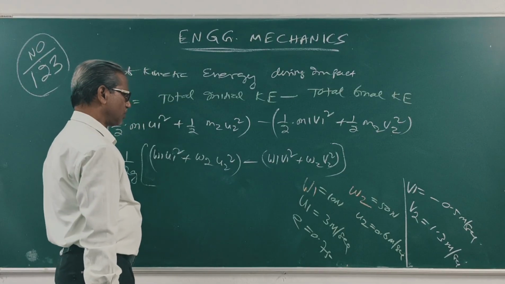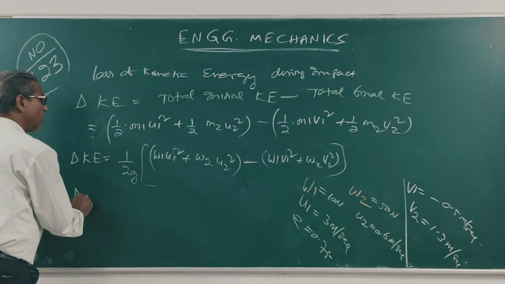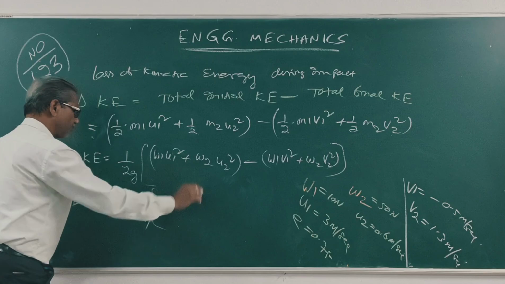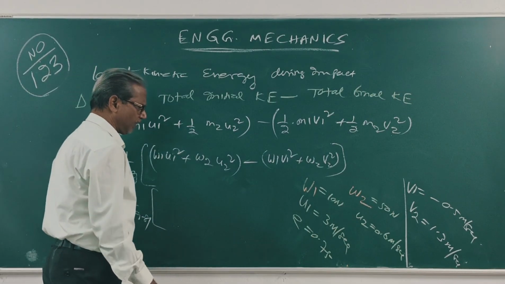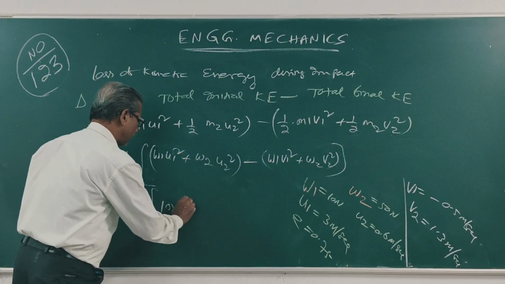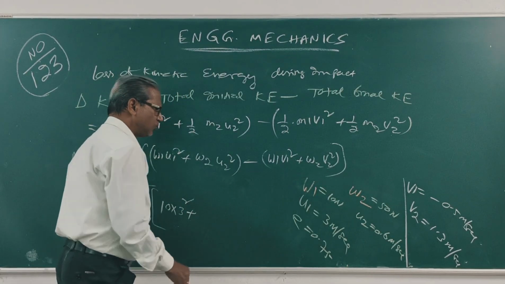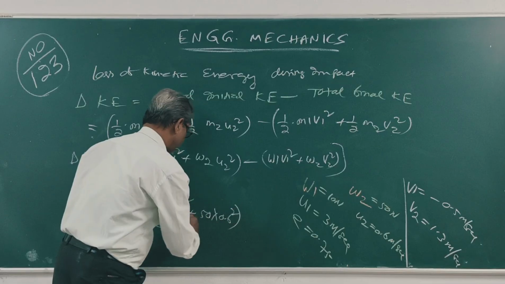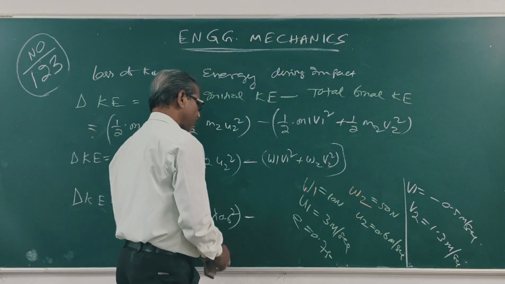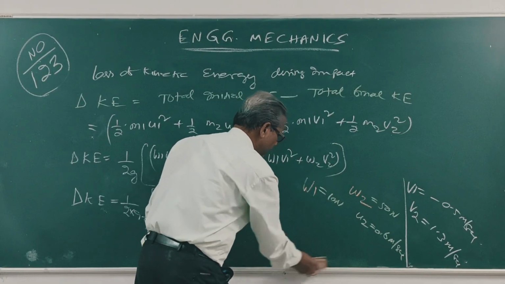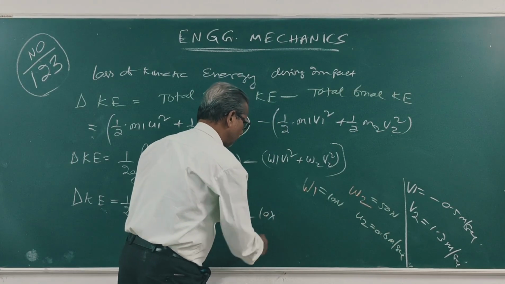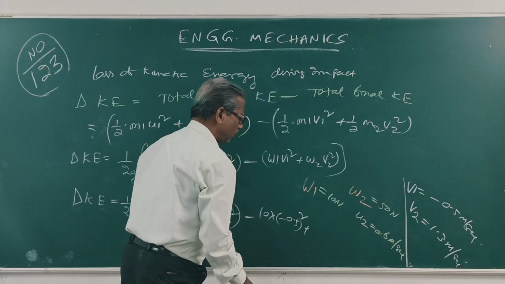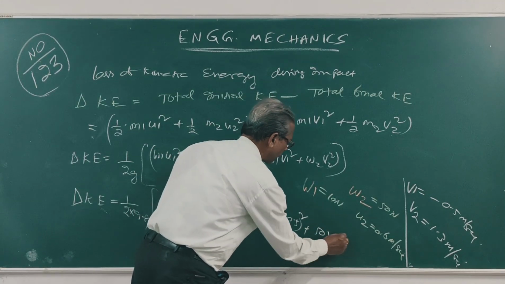Put all the values. So delta K is equal to 1 by 2 into g, which means 9.81, into W1 u1 square, what is W1? 10 into 3 square, plus W2, 50 into 0.6 square, minus W1 v1 square, 10 into minus 0.5 square, plus W2, 50 into 1.3 square.